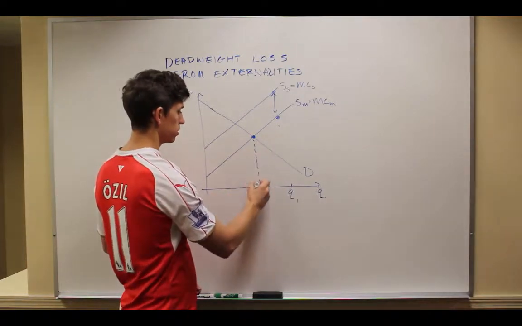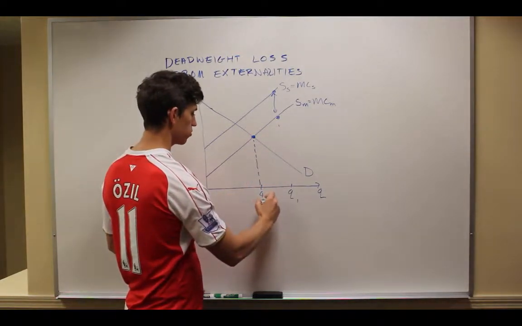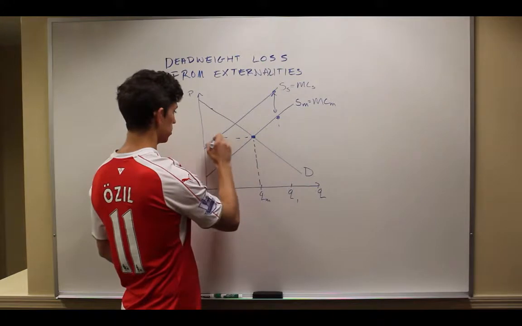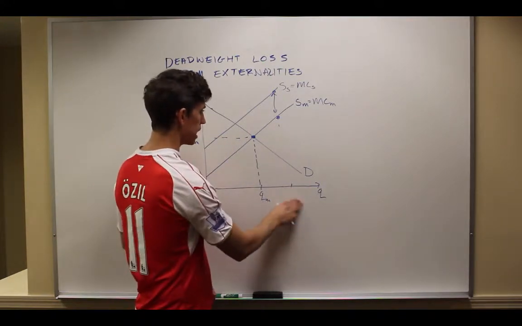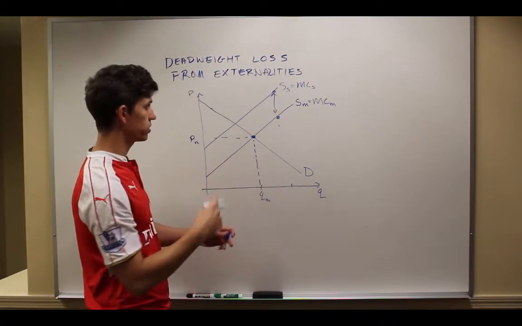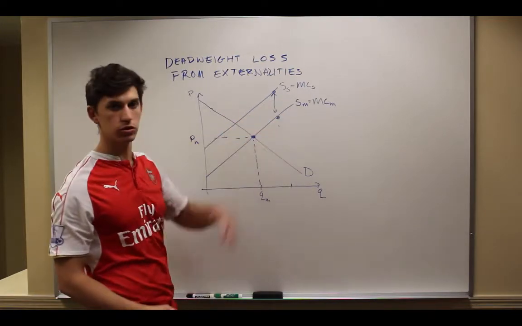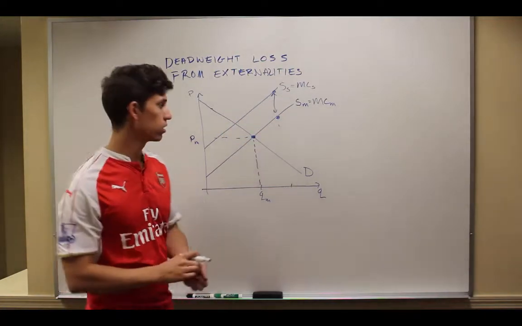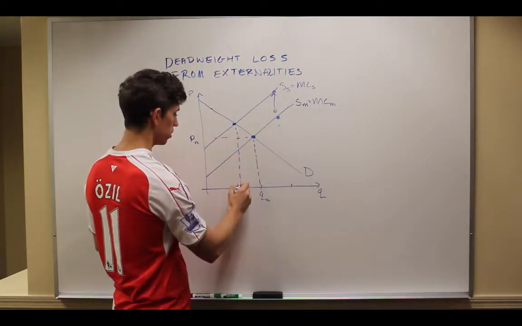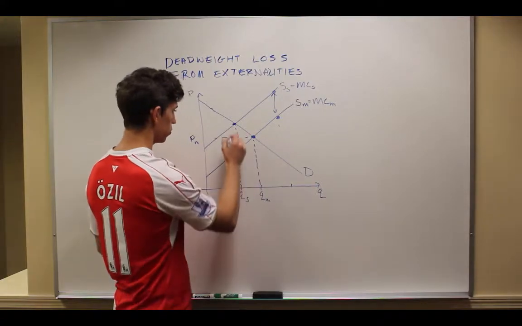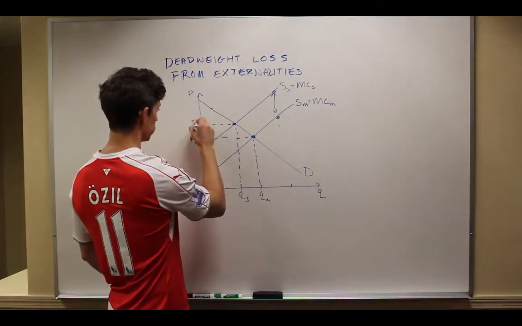This is our Q market, this is our P market. But if we had enforced this social supply curve, which is the socially optimal equilibrium, we would reach a point here: Q social, P social.